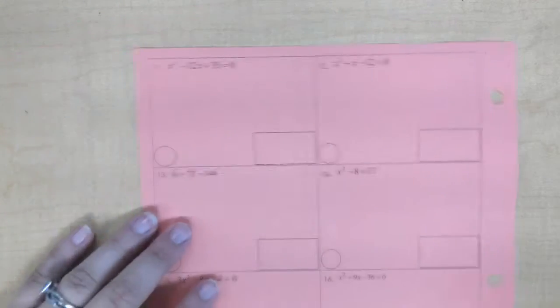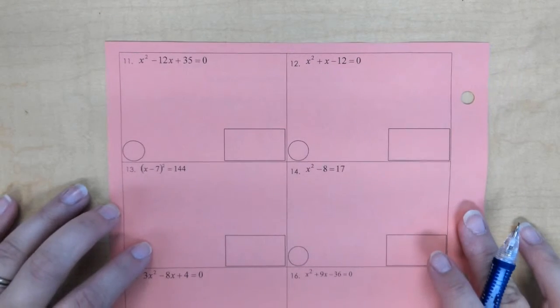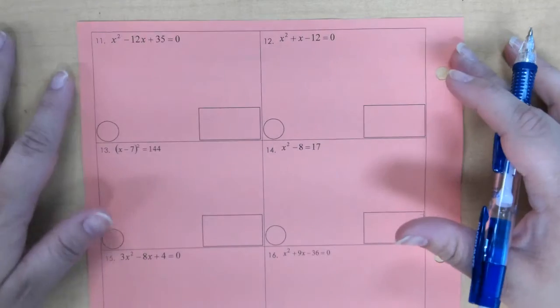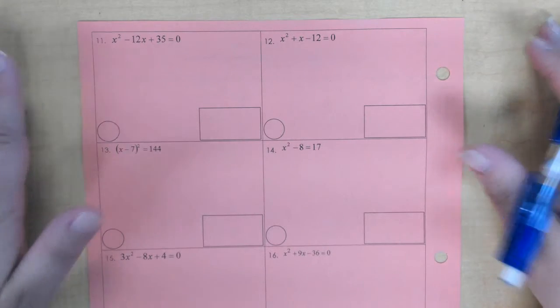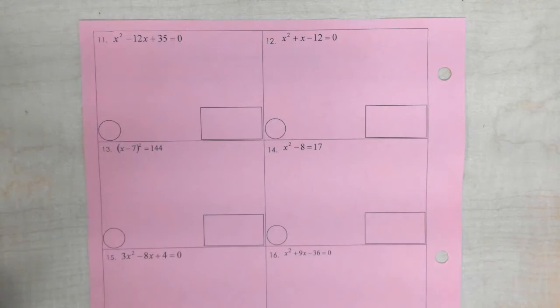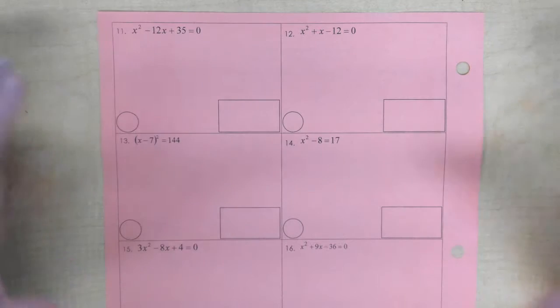Okay. On the back, if you haven't done the back yet, I would pause again, decide what you think it is, and then check with me. Okay. Hopefully you've paused. Now you're back.